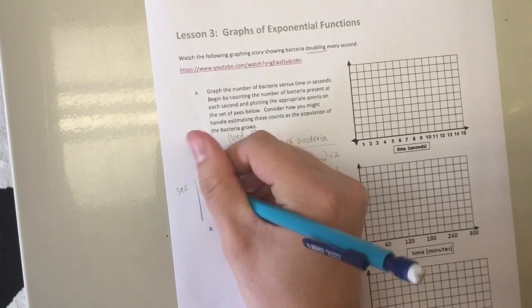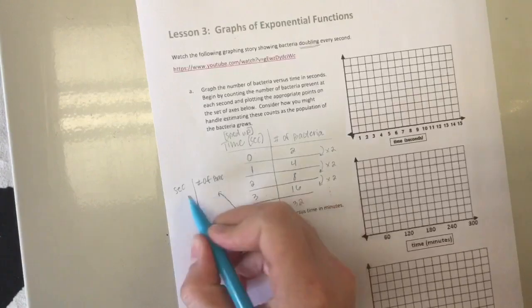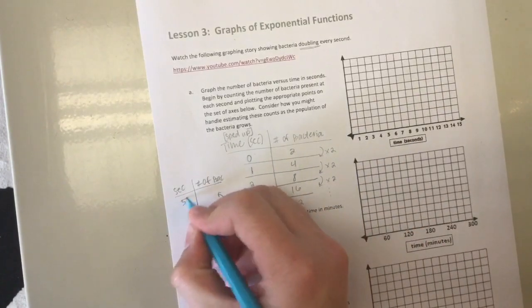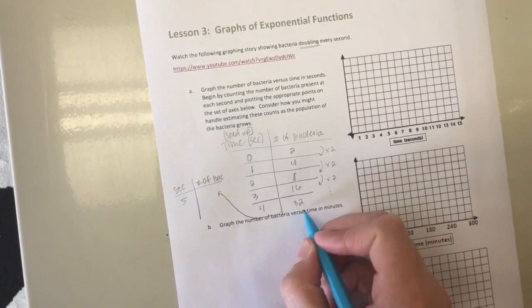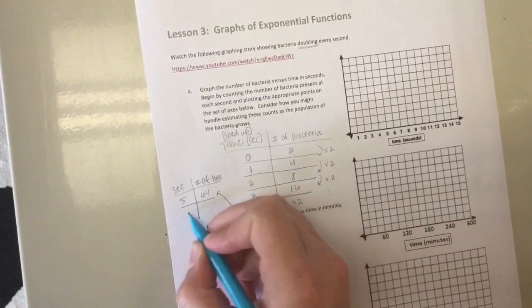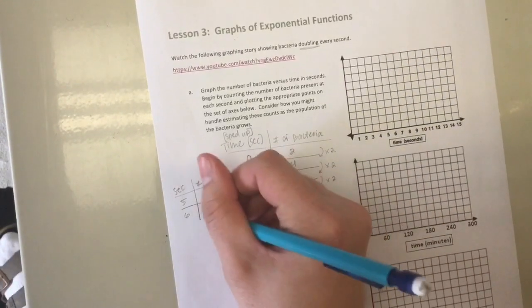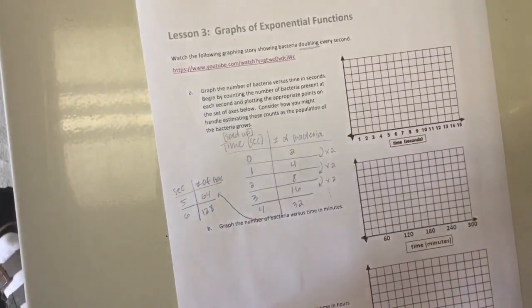So after seconds, and then number of bacteria, if we've got 5 seconds and we're doubling, 32 doubled gives us 64. And then if I want to go up to 6 seconds, we're doubling, we should be at 128.